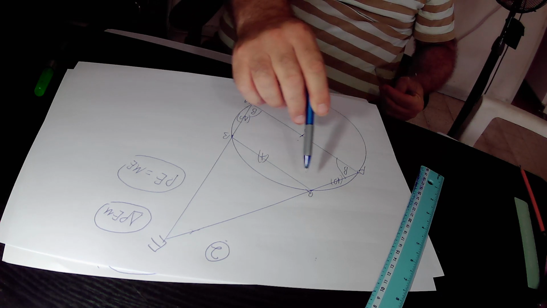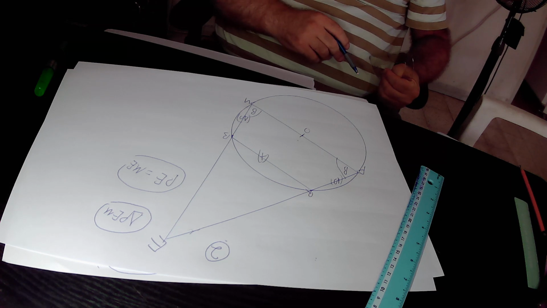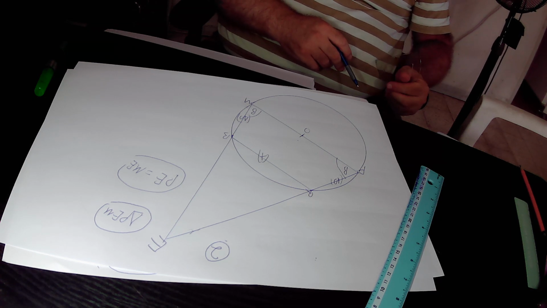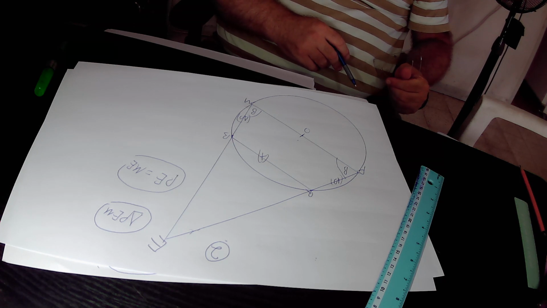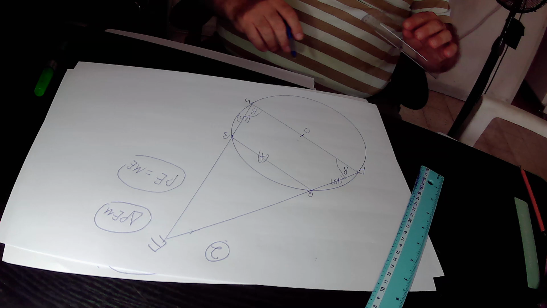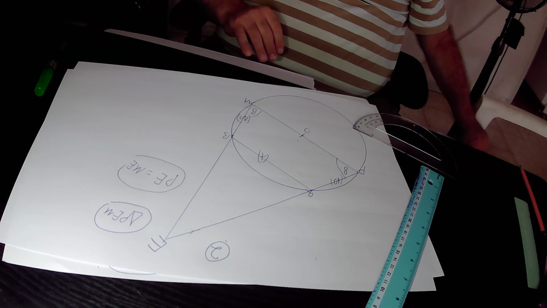This is quadrilateral PQBM that is inscribed in this circle. And according to rule 16, for any quadrilateral inscribed in a circle, the sum of its two opposite angles must be equal to 180 degrees. So I repeat again, rule 16.